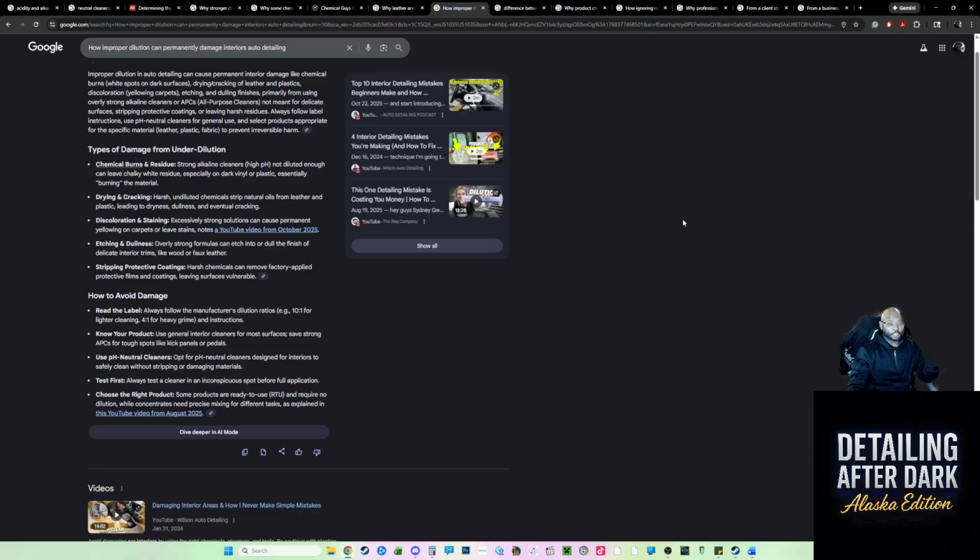Etching into the glass is a big one. If you have a very harsh chemical and you spray it and it hits the glass, you can end up damaging the window tint. Have fun getting that replaced, or just damaging the window so you have watermarks you can't remove. A big thing I do is spray Turtle Wax after car wash spray on my drying towel, because it removes the majority of the water and causes no watermarks.